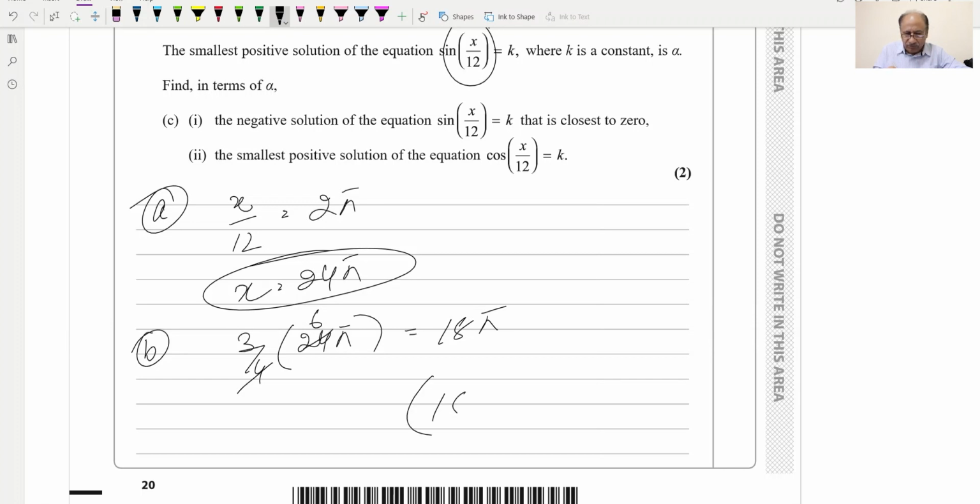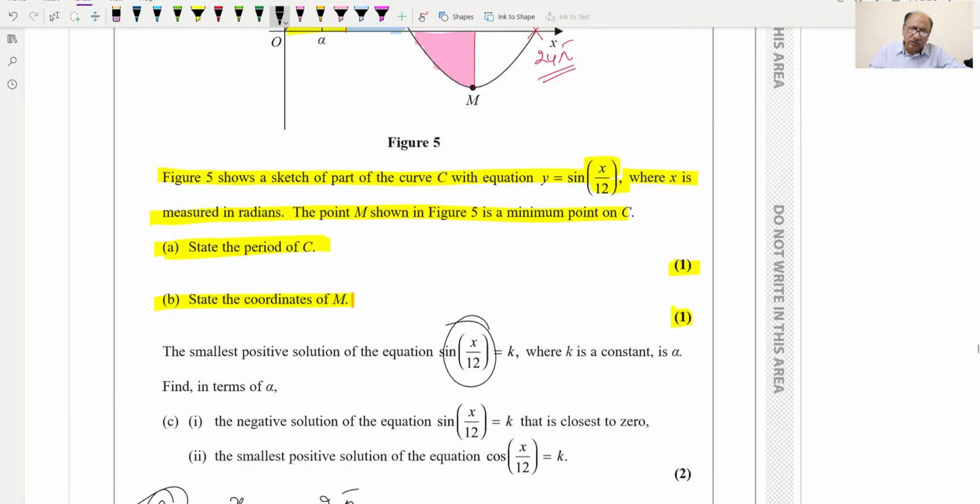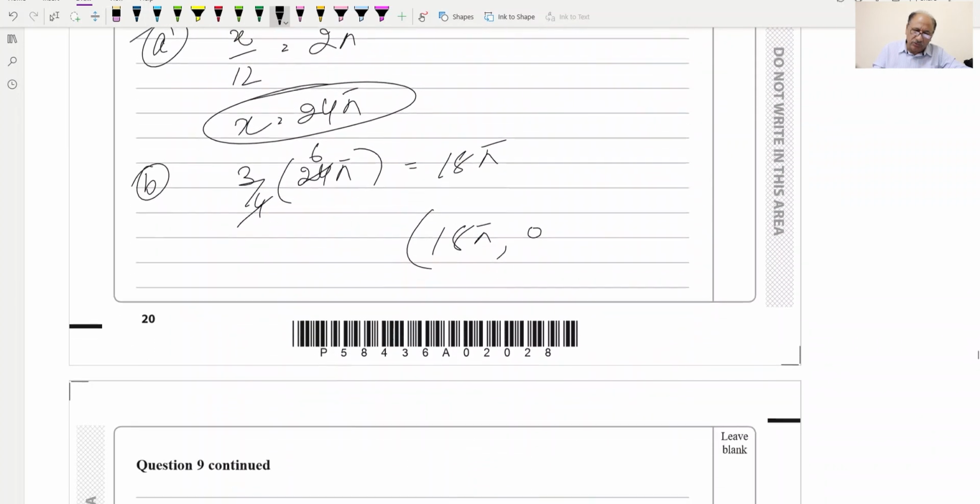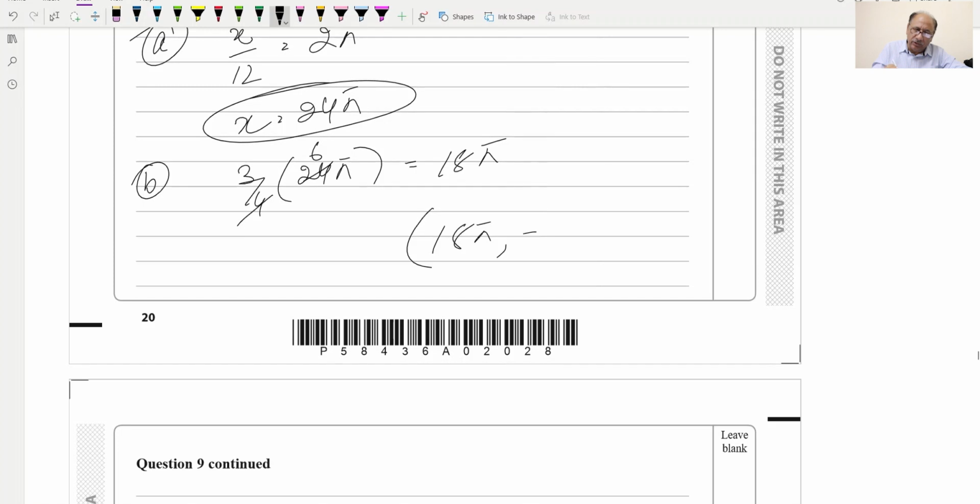And the coordinates will be 18 pi and -1. Basically the sine curve goes from 1 to -1, so the minimum point will be -1, and these will be the coordinates of M, which we are done with.